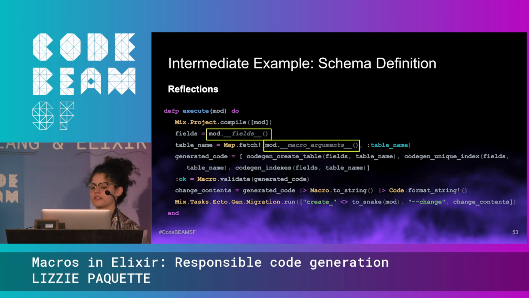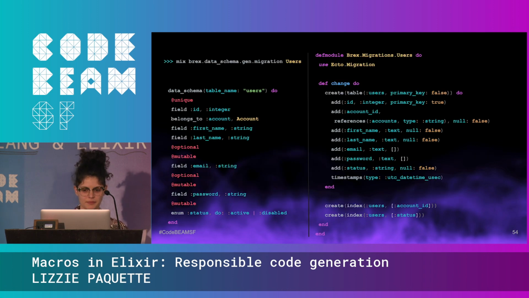And the reflections actually became very useful to us. Here's a lot of code, but essentially we were able to generate the Ecto migration from the schema via a mix task by just calling our reflection functions. So here I have an example.